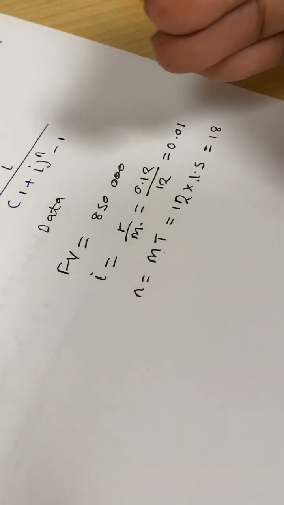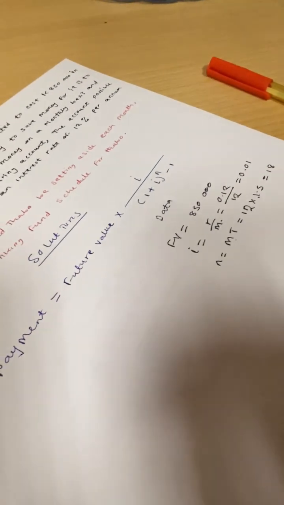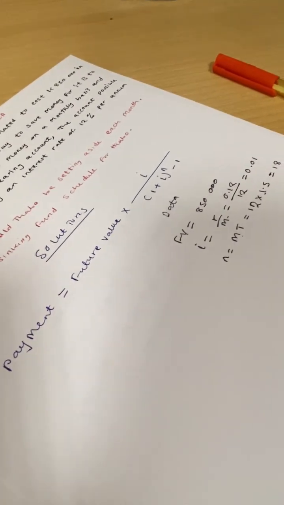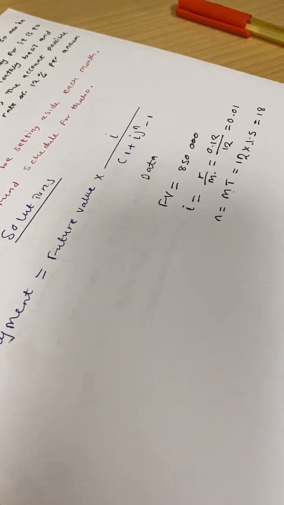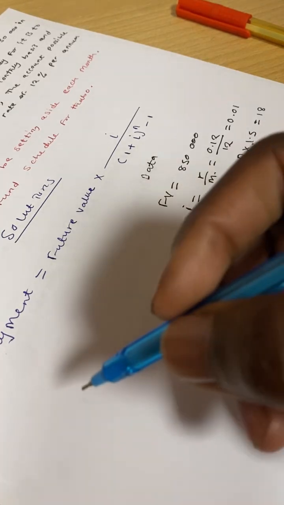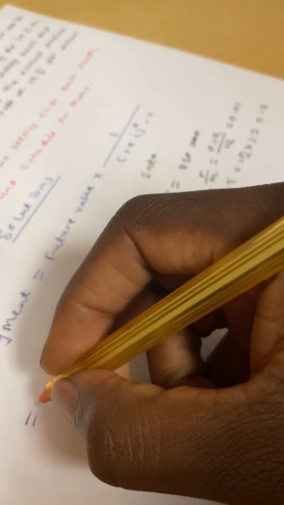Okay, so since we have come up with the data, we can replace in the formula and find the periodic payment. Let's start with our future value. What's our future value?